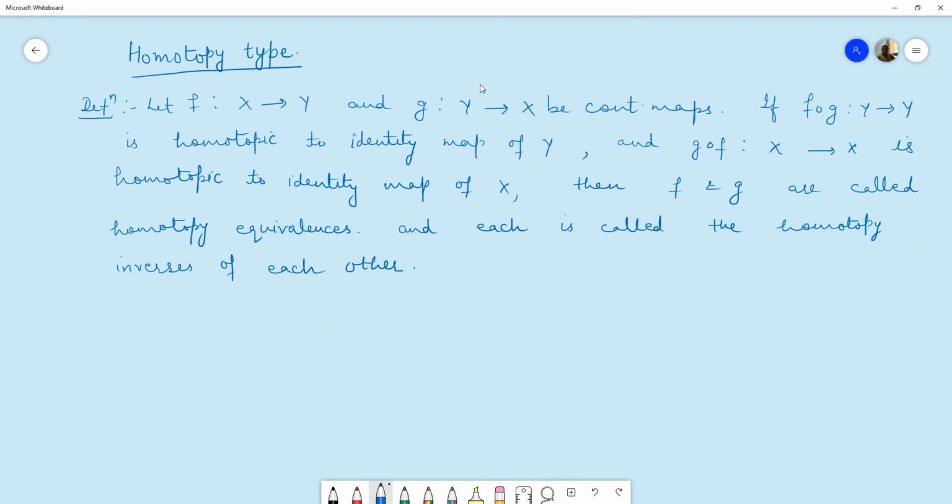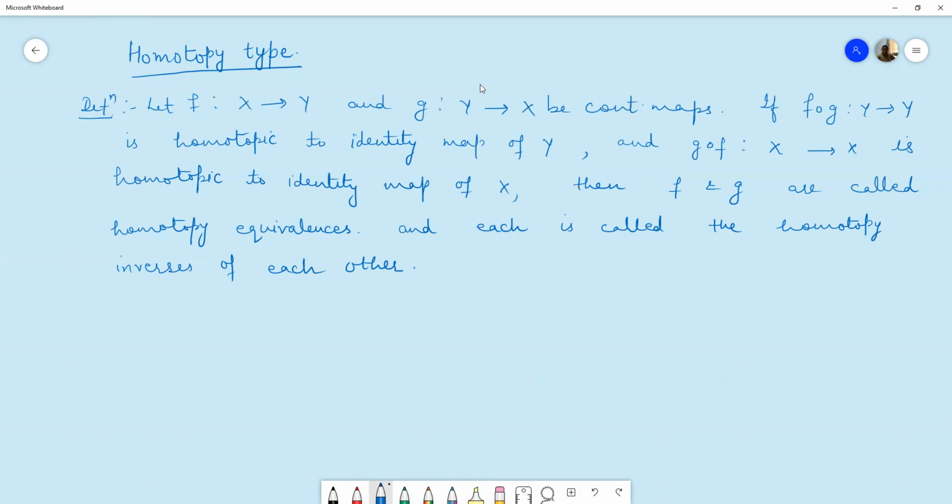And if we take another mapping, let us say h from Y to Z, which is also a homotopy equivalence of Y with Z, then the composition h circle f from X to Z is a homotopy equivalence of X with Z. So it means homotopy equivalence is an equivalence relation.